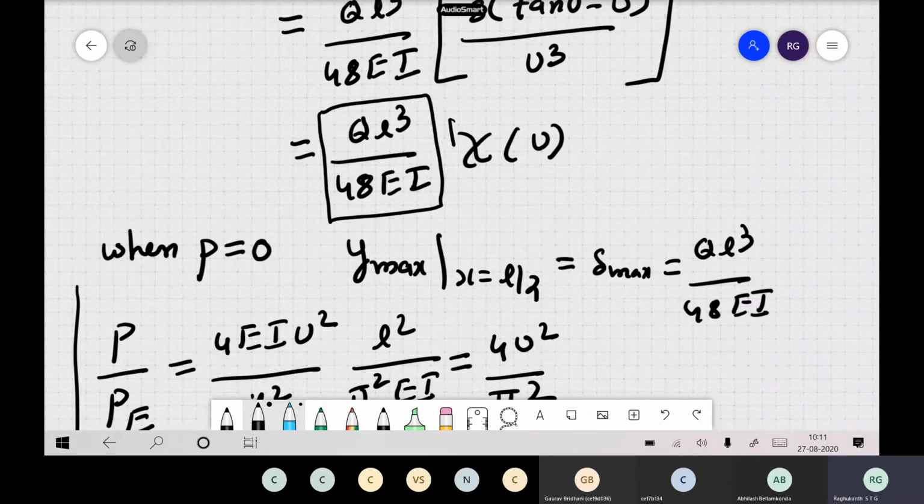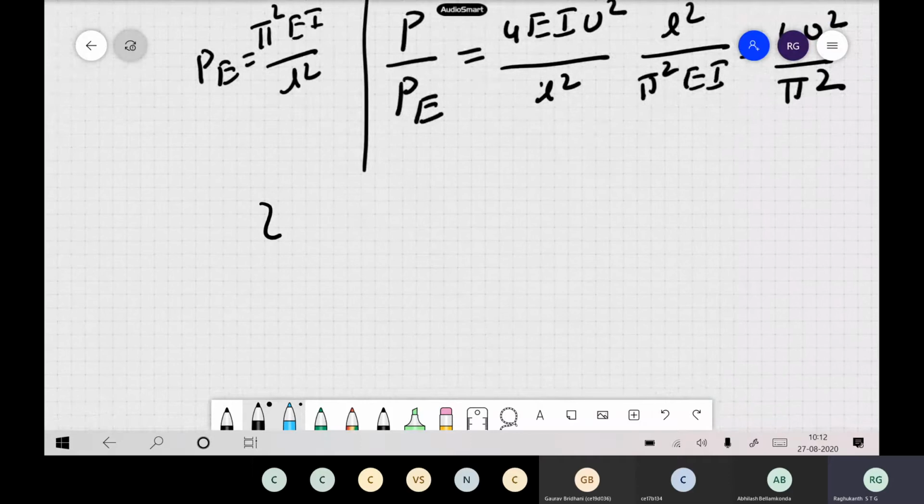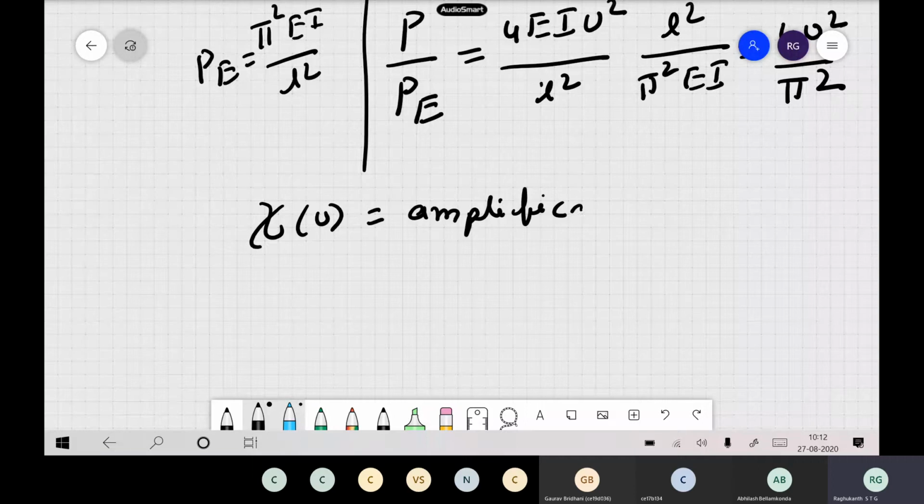Now this quantity, which is very important, we call the amplification factor. When P is not equal to 0, the maximum deflection gets amplified because of this axial load.